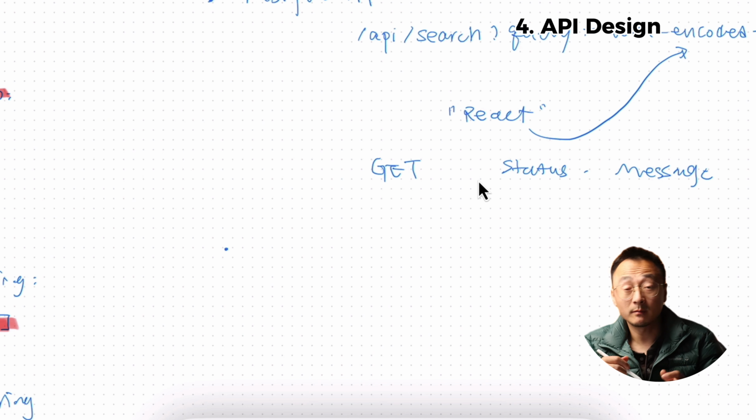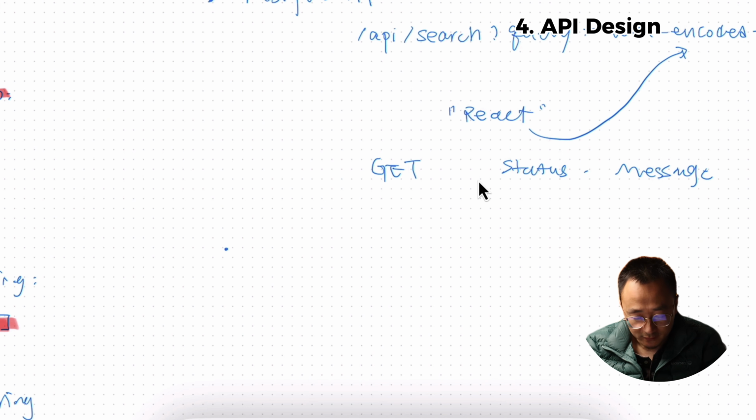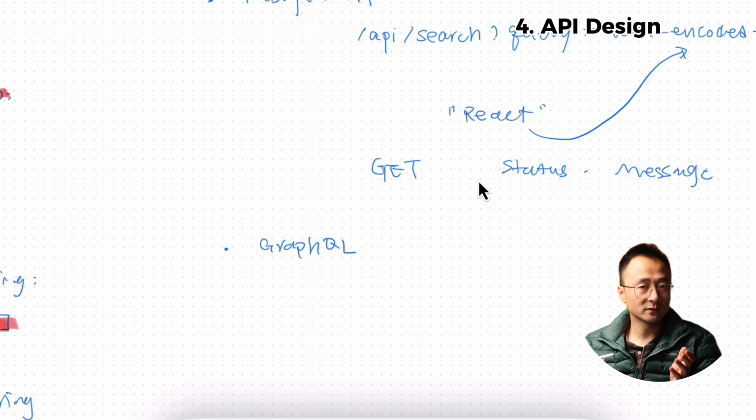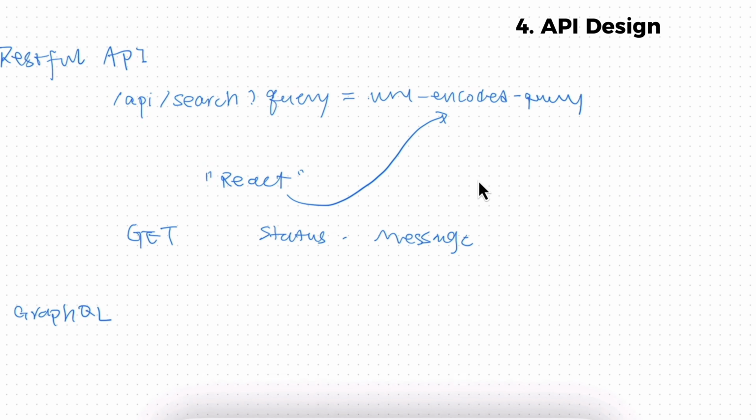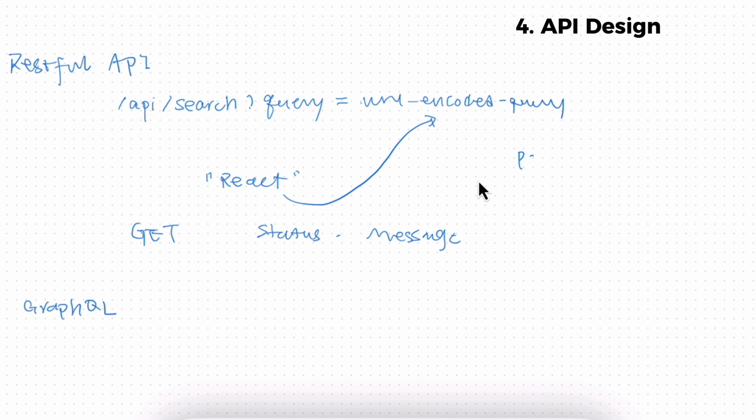But we can also talk about different protocols like GraphQL. It's basically another way to organize your API, and the way you consume the response from GraphQL will be very different from the RESTful API. In addition, here we probably will need to consider pagination if that's part of the requirement.